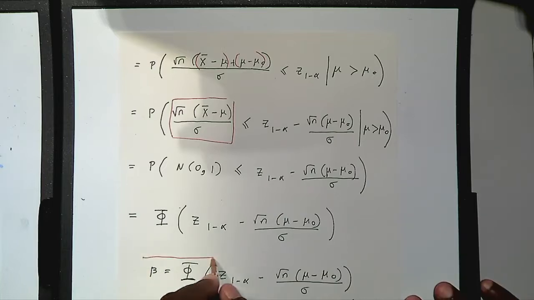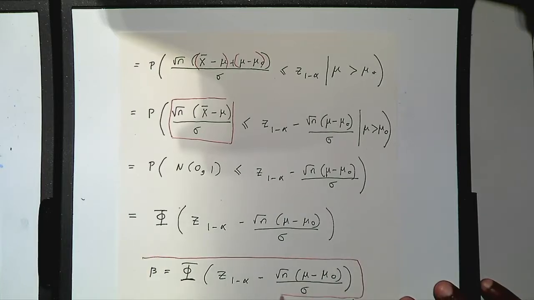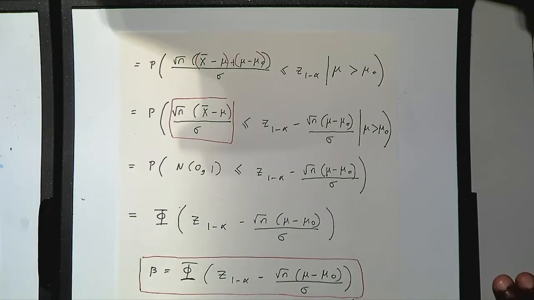So we have shown, this is the probability of type 2 error, right? So that's the example. Do you have any questions on this example, guys, or not? Yes, ma'am.